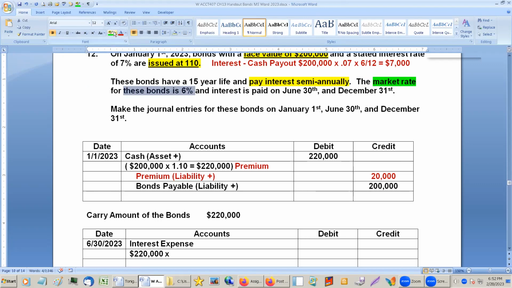And if you think about it, how much did we really borrow? We really borrowed 220,000. And what interest did we pay? We really paid 6%. Equals some amount, $6,600.